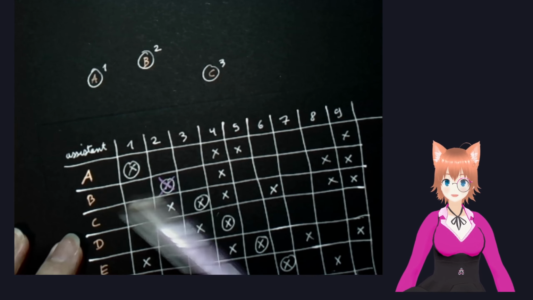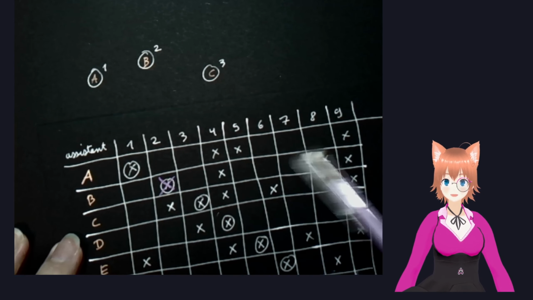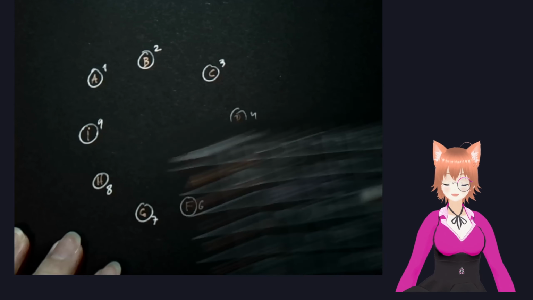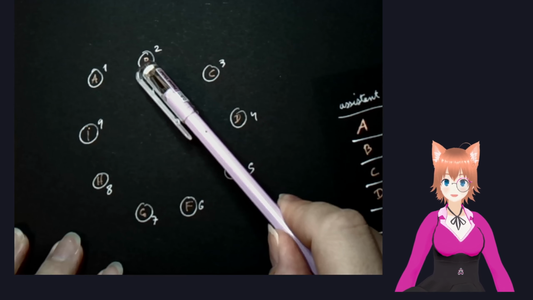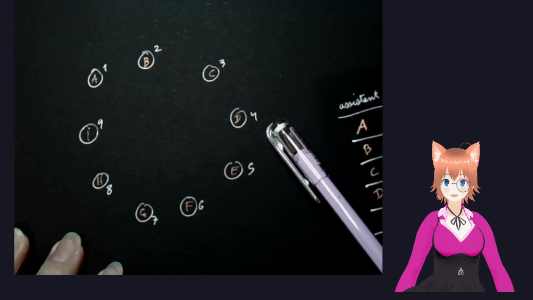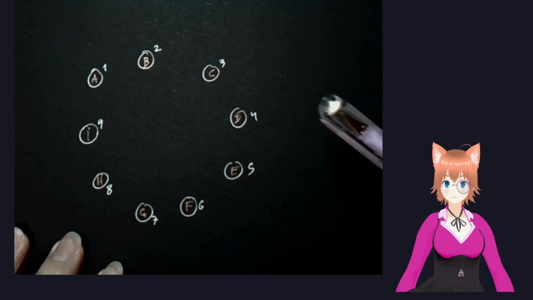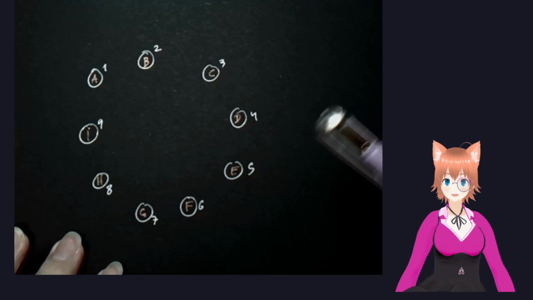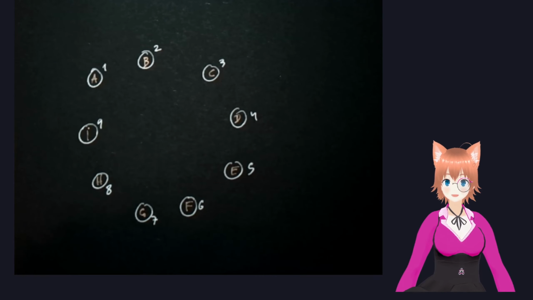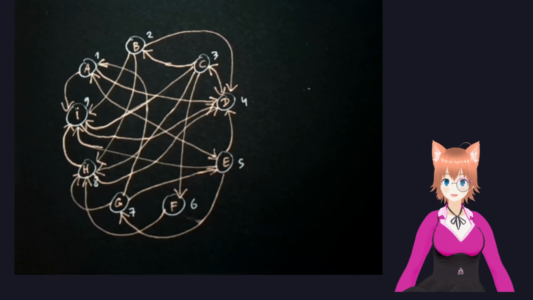So that means that it's okay for B to switch to 4, 8 or 9. So I could draw an arrow from where B is to 4, 8 or 9. And if I do that for everybody, it makes this kind of network, which is still a little bit too confusing.